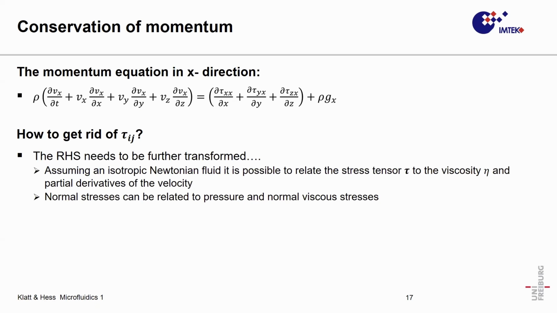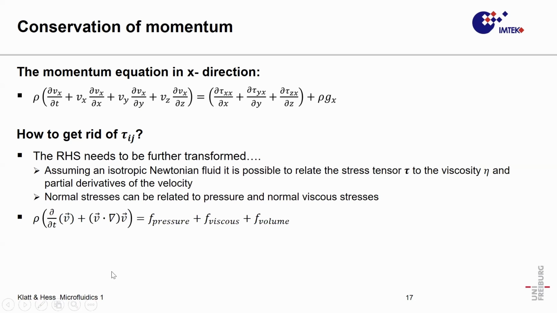If we assume that our fluid is an isotropic Newtonian fluid, we can relate the stress tensor tau, whose components we see here, to the viscosity and the partial derivatives of the velocity. And it is important to keep in mind that normal stresses, meaning stresses that are perpendicular to a surface, can be related to pressure and normal viscous stresses.